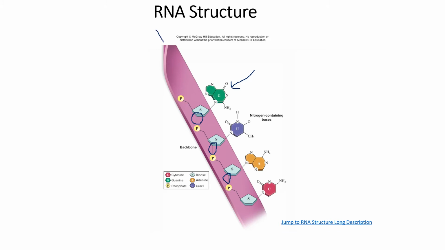This is called the sugar phosphate backbone, this ribbon, where it's alternating phosphate sugar, phosphate sugar, phosphate sugar, phosphate sugar, and that can go on forever. Some of these nucleic acids are really long, especially DNA, and it's amazing that they fit in not only in a cell but in a nucleus, which is also due to folding.